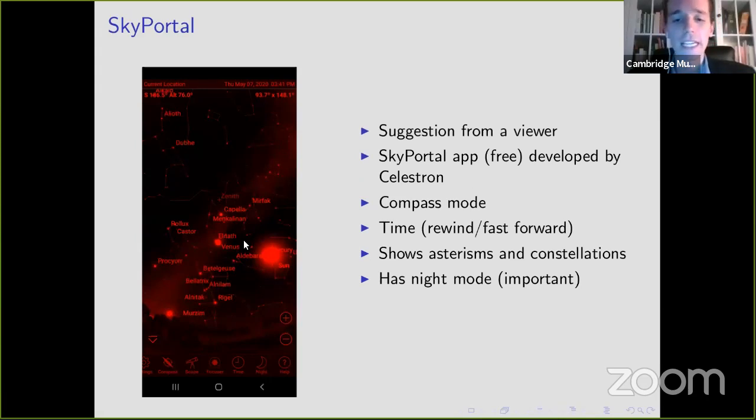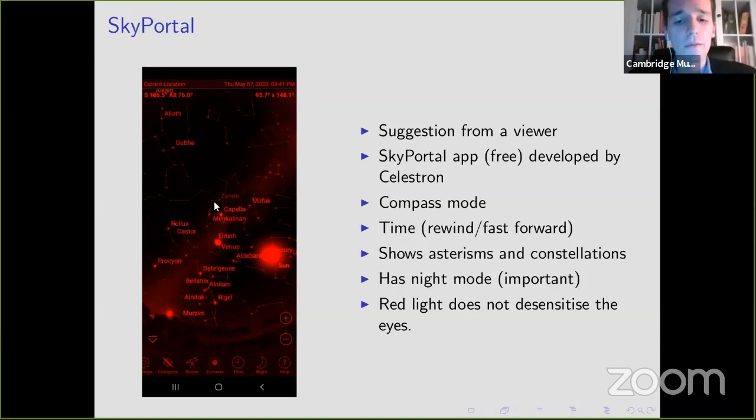More importantly, it has a night mode where everything is red. And this is because red light does not desensitize the eyes. Normally, the white light from the phone would desensitize the eyes and would overpower the light from the stars, and the eyes would no longer be sensitive to the stars.